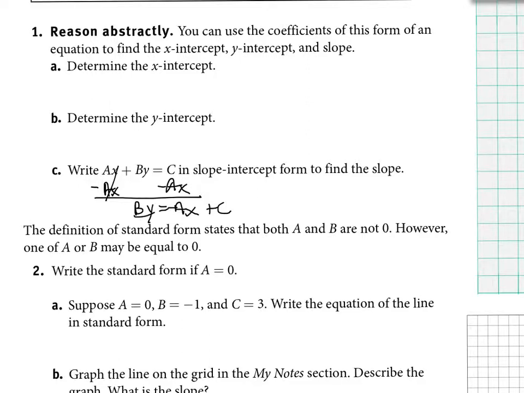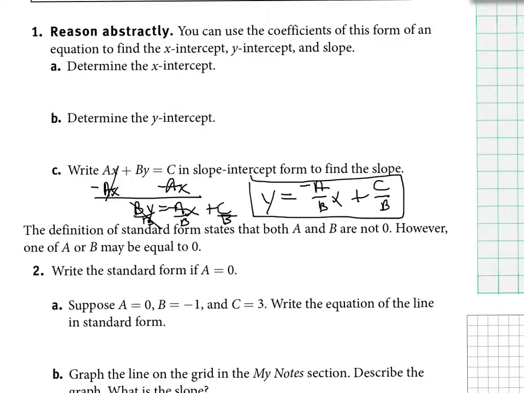And then divide everything by b. So I get y equals negative a over b x plus c over b. So that's using the standard form and changing it back into slope-intercept.